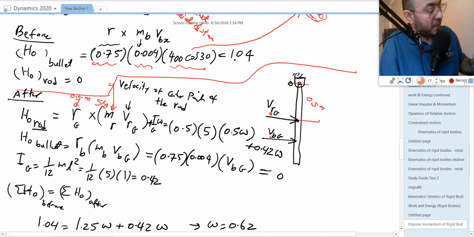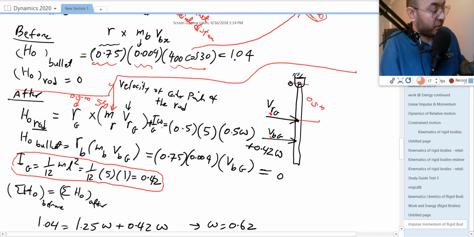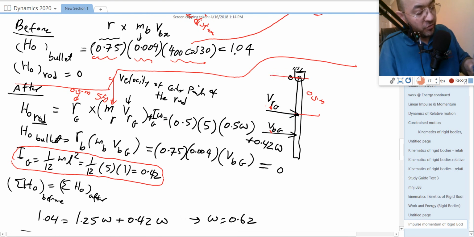Ig omega. Ig, I don't know it, but I can simply calculate it. Ig is 1/12 ml squared. Once you finish your calculation, you find 0.42. So the value for this is 0.42. And then omega for the rod, what is omega for the rod? If you look at this picture, you have the velocity of g and you want to find omega. VRG is equal to Rg times omega, and Rg is 0.5.